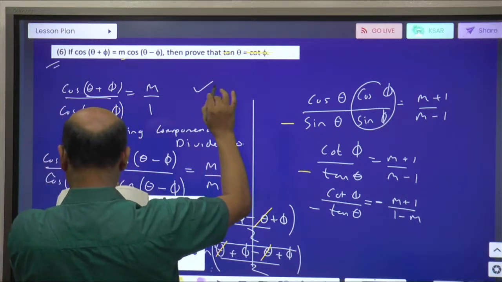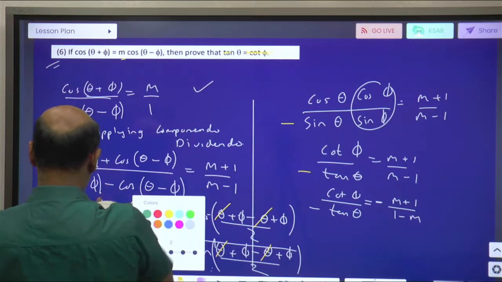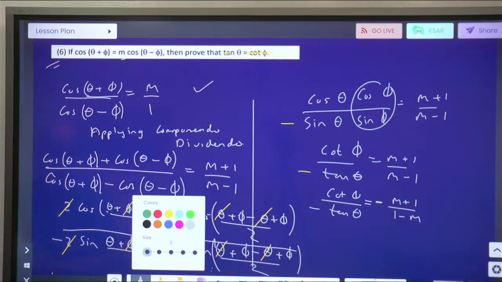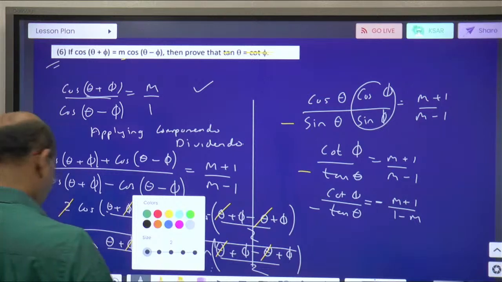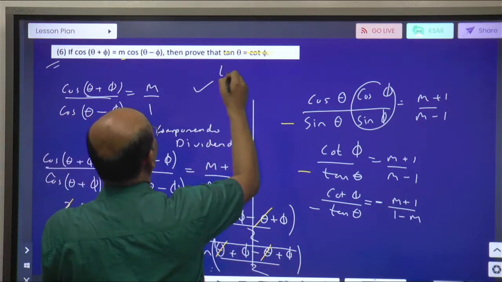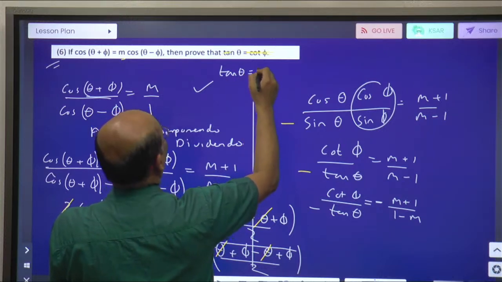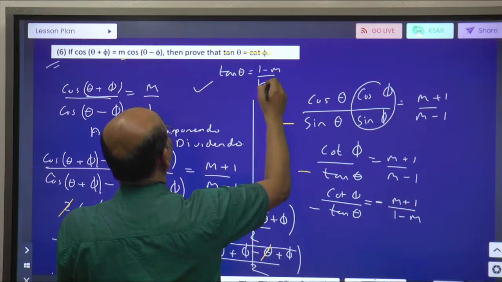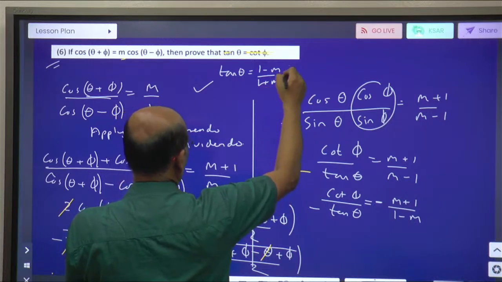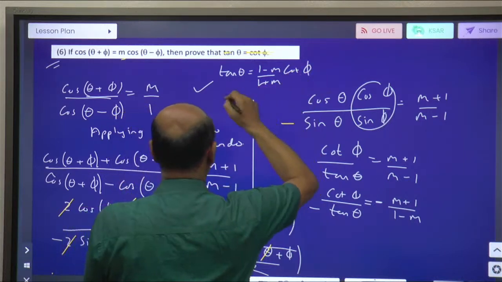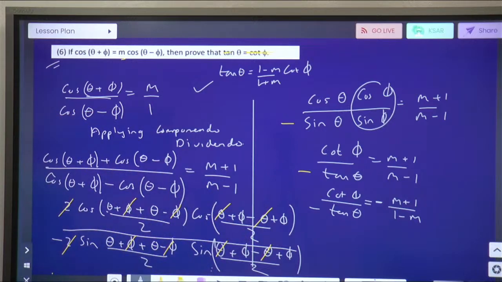Be careful, prove that tan theta is equal to 1 minus m upon 1 plus m into cot psi. This is exactly what the sum is.